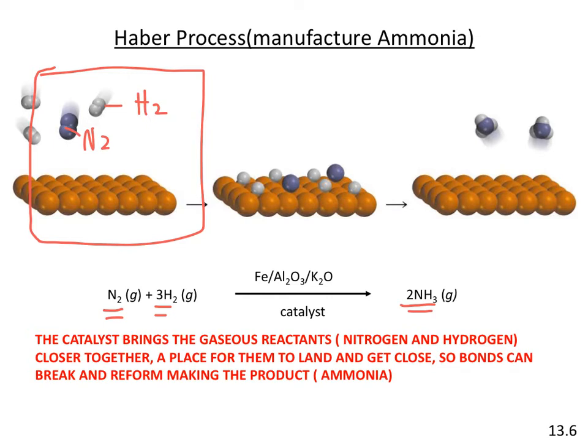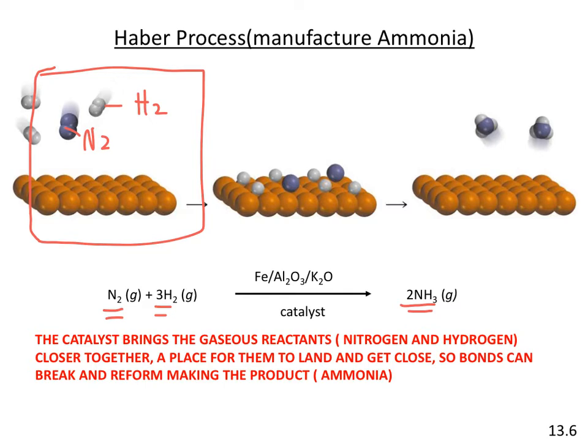So we need 3 of the hydrogen molecules to collide with one of the nitrogen molecules, and we need the nitrogen and hydrogen bonds to break, and then we also need the nitrogen-hydrogen bonds to reform. So if you imagine then, what are the chances of these molecules all coming together in the right orientation with the right energy in the gaseous form to actually have ammonia formed? So the probability is not great.